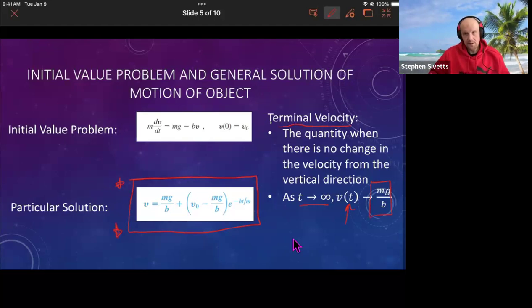So that's one way to calculate terminal velocity. But the other way is where the acceleration is zero, so your velocity is not changing, and you'll have the velocity equal to mg over b. That's another way to compute terminal velocity.